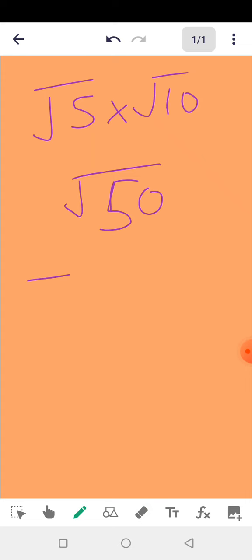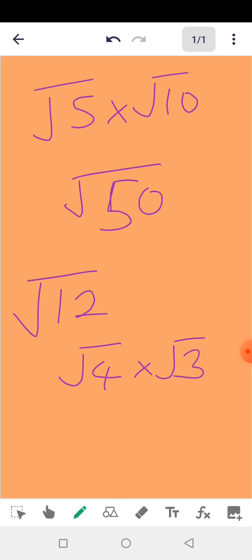Now, let's see. If I have, say, square root of 12, I can actually split this into 2. I can write it as square root of 4 times square root of 3, because 4 and 3 are factors of 12. I can write it as square root of 6 times square root of 2, because 6 and 2 are factors of 12 also.